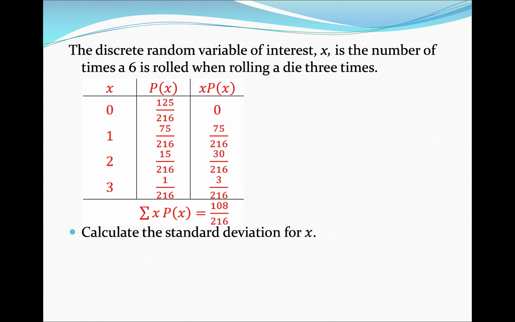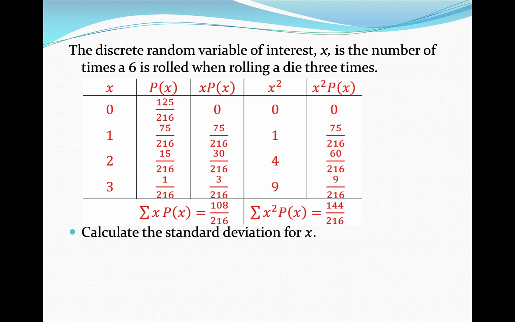Standard deviation. So standard deviation, of course, is a little more work. We need to figure out that sum of x squared times p of x quantity. So again, we need to create columns so that we can do that. Like I said earlier, I recommend that you just list out your x squared value. So you just take each x and square it. And then you take x squared times p of x. Make sure you multiply the correct columns.